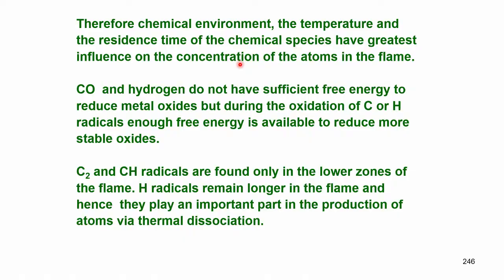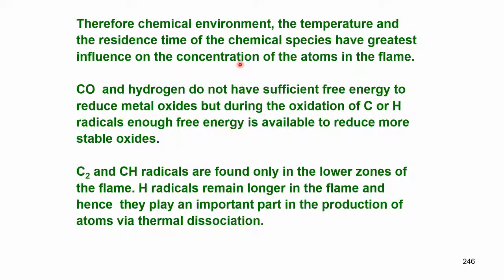So, all these parameters, flame temperature, residence time and the chemical species whatever it forms, carbon monoxide, carbon dioxide, elemental, all these things have the greatest influence on the concentration of the atoms in the flame. So, what happens? Carbon monoxide and hydrogen do not have sufficient free energy to reduce metal oxides on their own.